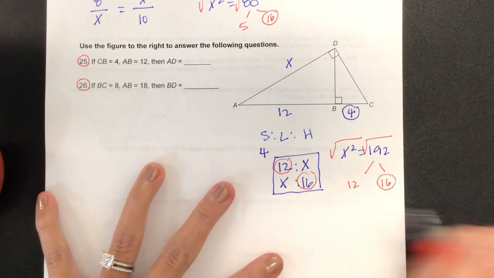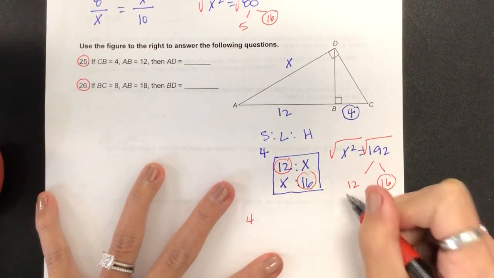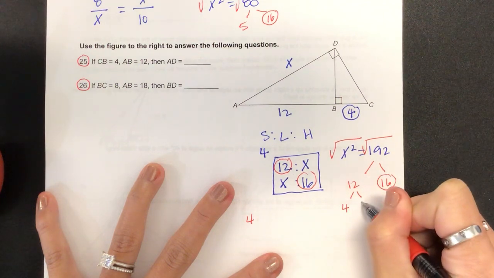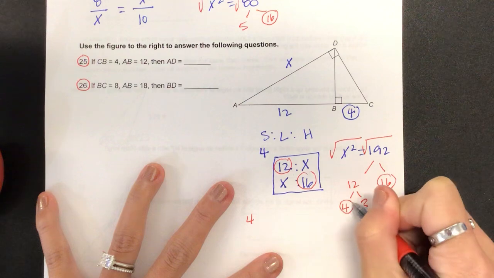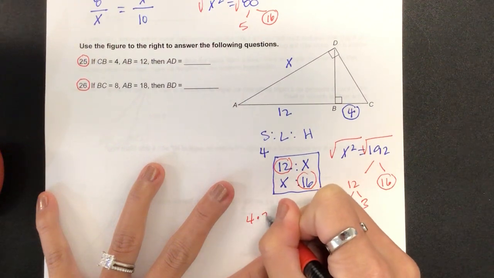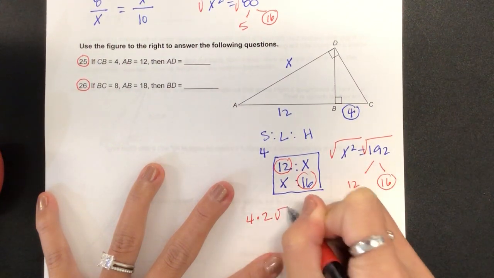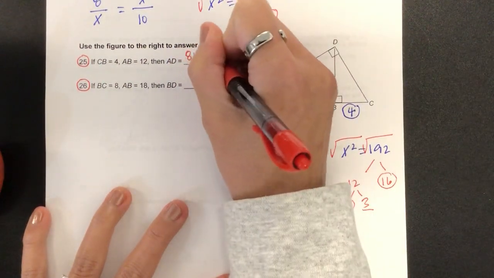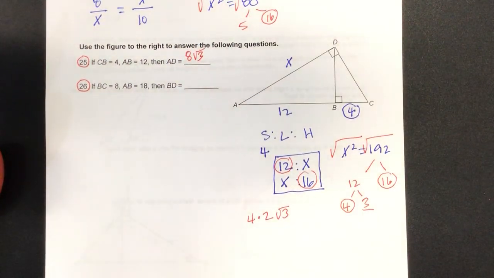So I'm going to write out 4 and save it. Let's worry about the 12. What two numbers? 4 and 3. 4 is a perfect square of what? 2. And then I have my radical 3. So that's going to give me 8 root 3. Because I gave you a picture, can I put a negative in front of it? Nope. It's just going to be positive 8 root 3.